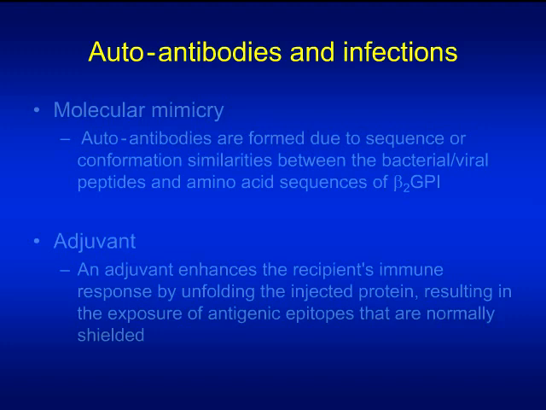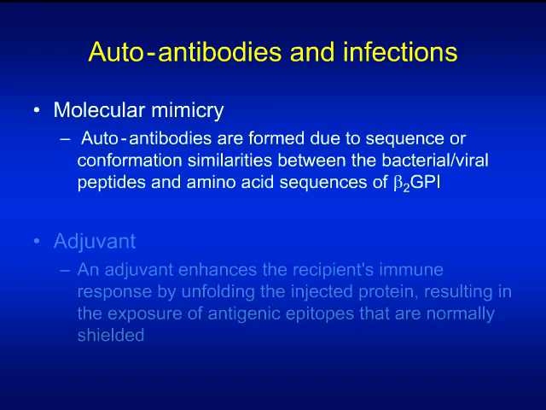The major theory is molecular mimicry, which holds that autoantibodies are formed due to sequence or conformational similarities between bacterial or viral peptides and amino acid sequences, in our case, in beta 2-glycoprotein 1. So there is a similarity between amino acids or the structure of the bacteria, virus, and beta 2-glycoprotein 1.